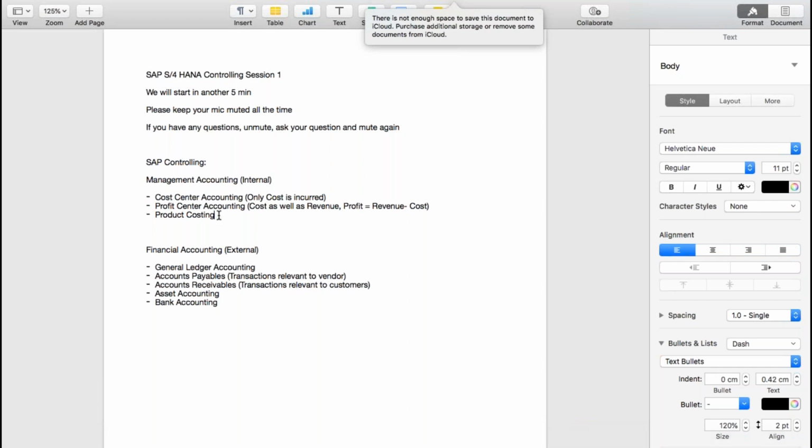So this is a topic which we need to understand in detail. We need to understand how the product is costed. We need to understand how the standard price is updated in the material master. What is the difference between the standard price and the moving average price? So there are a lot of things. Most of the time in this course, we are going to focus on product costing itself.